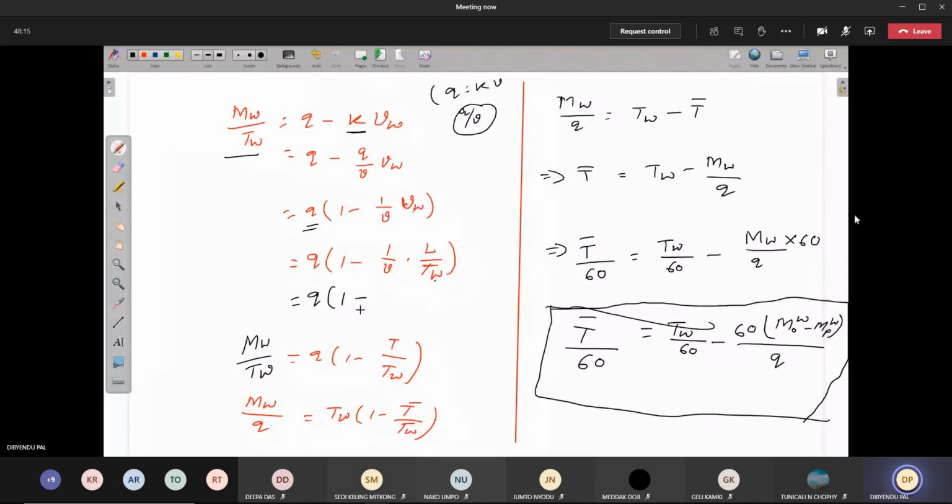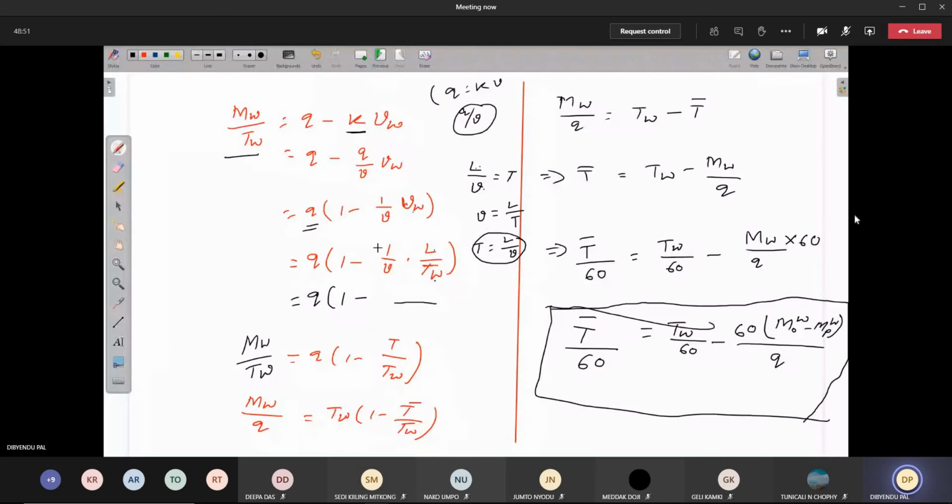Speed is distance by time, or I can write time is equal to L upon B. So this length by B is nothing but the average time. I can write here average time, divided by TW as it is. This T is denoted as T bar, the average time.